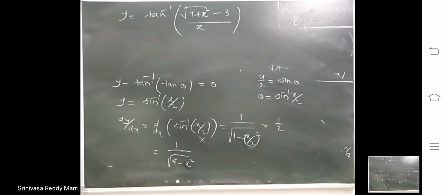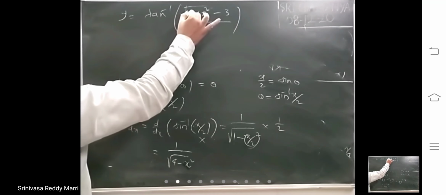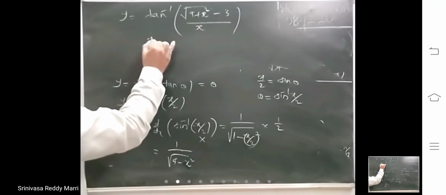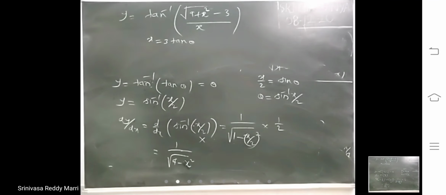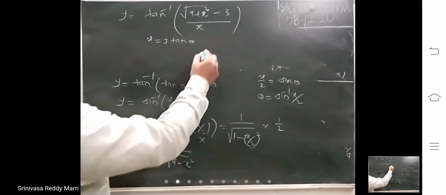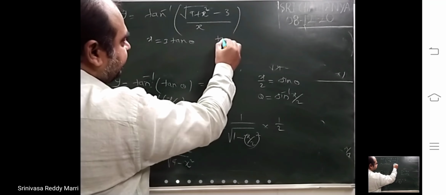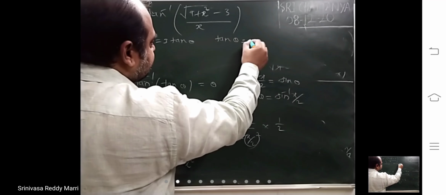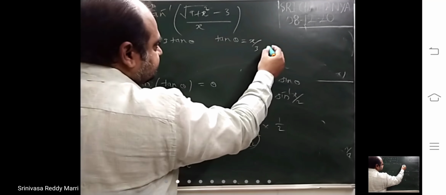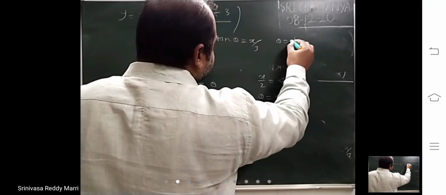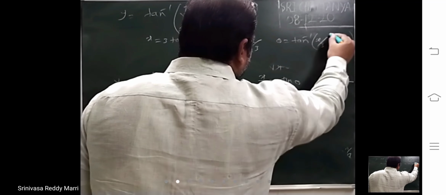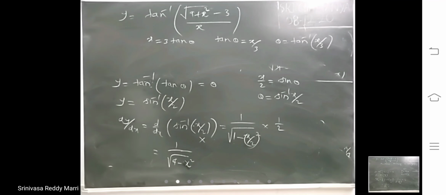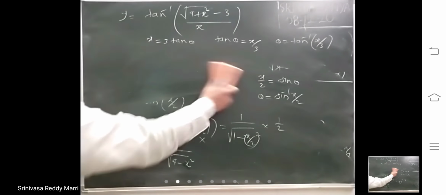Suppose you have to find dy by dx for this. With root of 3 square plus x square, the substitution is x equal to 3 tan theta. So finally theta also you calculate here itself. Tan theta is x by 3, that means theta is nothing but tan inverse x by 3.